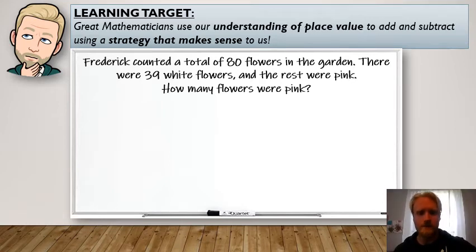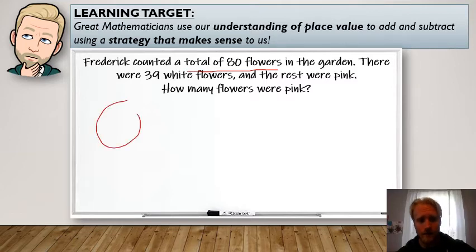The first thing I noticed was that it says Frederick counted a total of 80 flowers in the garden. So I'm going to use a number bond to represent this. I already know that when it says total of 80 flowers, that's my hint that if we're drawing a number bond, 80 is the whole. So I'm going to start by making the top part. And I'm just going to label that with a T for total because that's what I learned from the story.